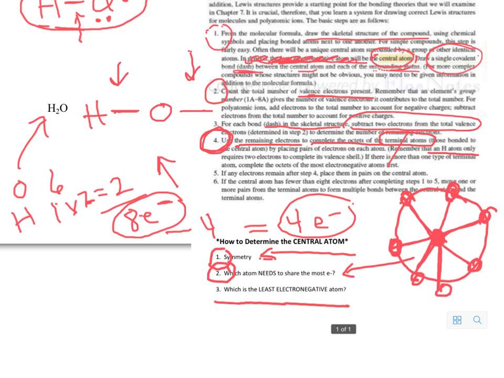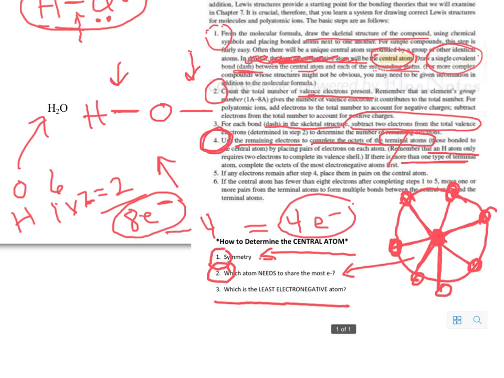Therefore, you never, ever put extra lone pair electrons on a hydrogen. The single covalent bond he's making is all he ever gets. We don't have that here, both of our terminals are hydrogens, but if you had more than one type, preference is given to whichever is the more electronegative element.